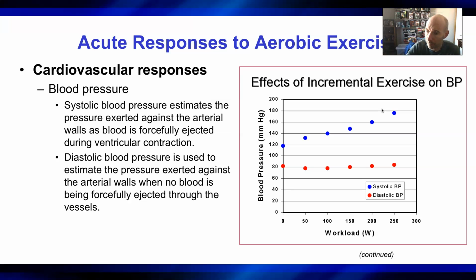But when the heart is relaxing, there should still be the same pressure during exercise that there is at rest, and that is why the diastolic should not change much. Okay, it might go up a little bit, might go down a little bit, should stay pretty consistent. If you see a large jump in the diastolic blood pressure when somebody is exercising, then you should stop exercising right away. That's a sign or symptom of a possible disease process working.